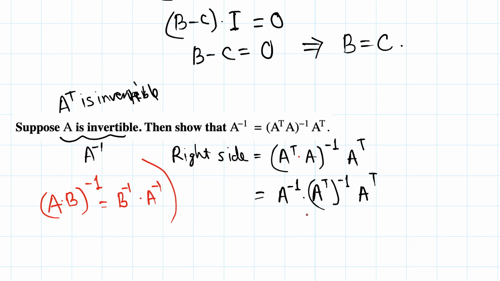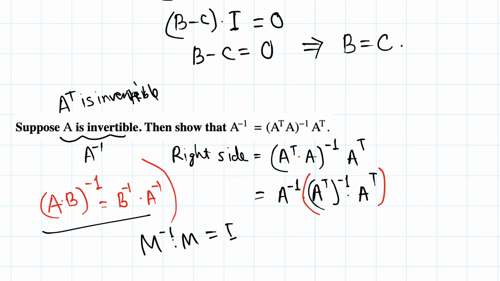Matrix multiplication is associative. So there are three factors. We can consider the last two products first: A transpose inverse times A transpose. When you have a matrix, let's say M, and you have M inverse times M, that will be just the identity matrix.